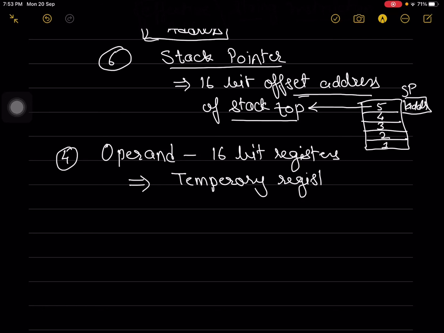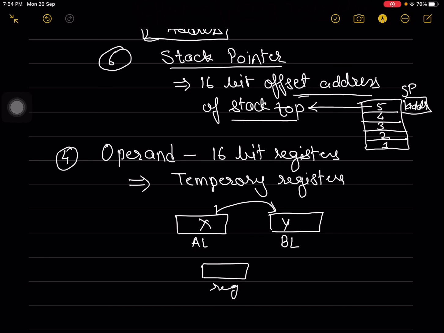For example, if the microprocessor is exchanging two data from two registers, say AL and BL, whenever the processor performs this type of operation, it requires a third register to store the data temporarily. In such a situation, the processor makes use of this operand register for temporary data storage.